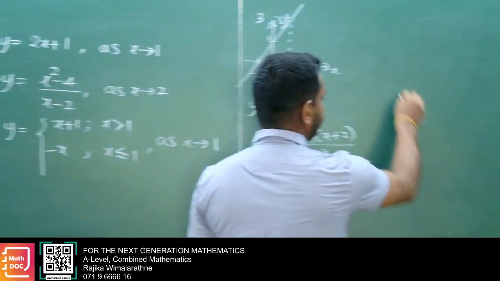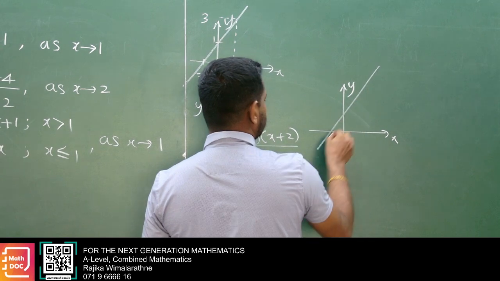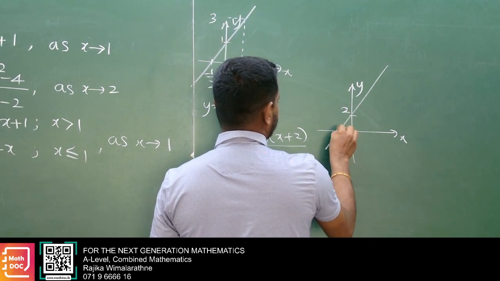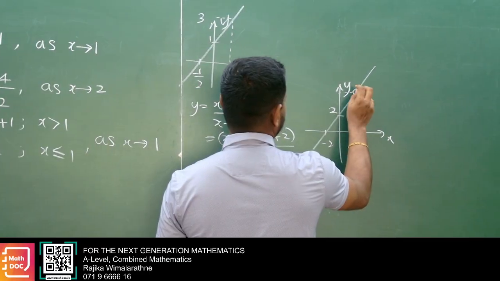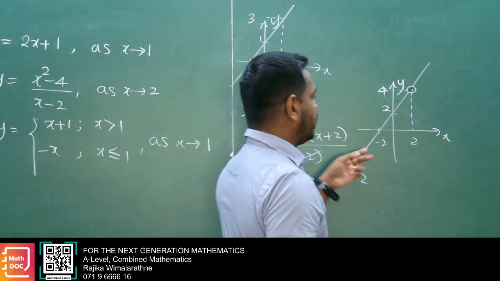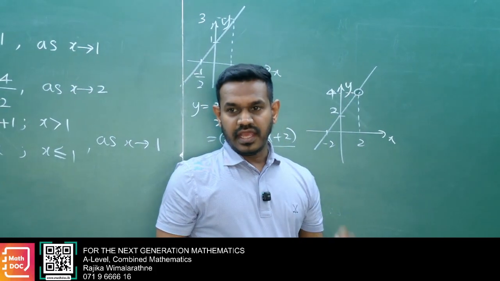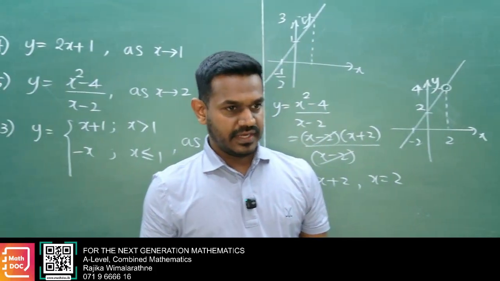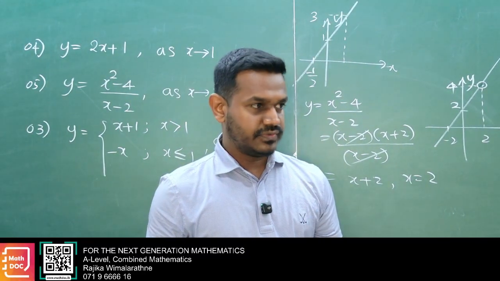Then the graph is y equals x plus 2, but at 2 it is undefined, a hole here, and the corresponding value is 4. Left hand and right hand limits are both 4, but f(2) is undefined. Therefore, the function has the limit and it is not continuous at 2.